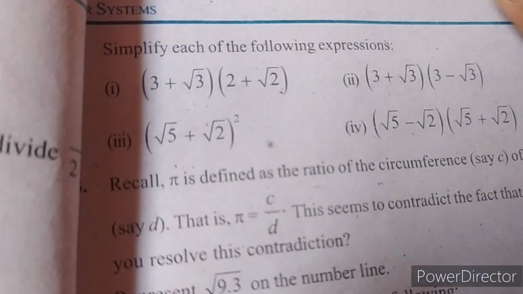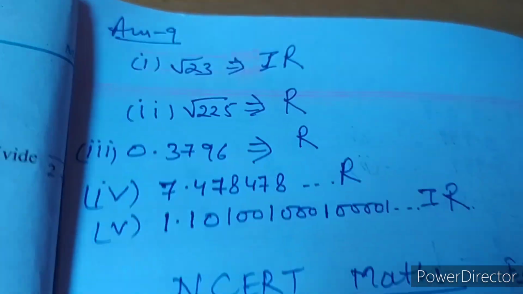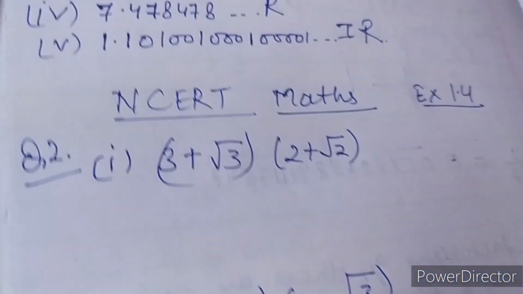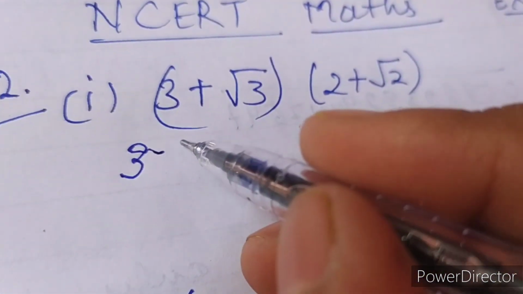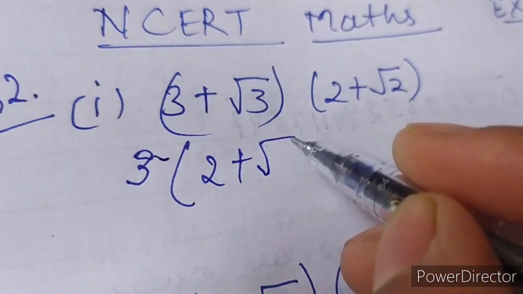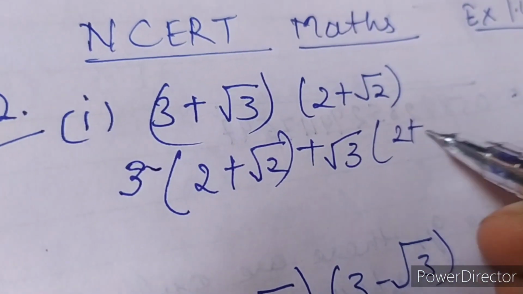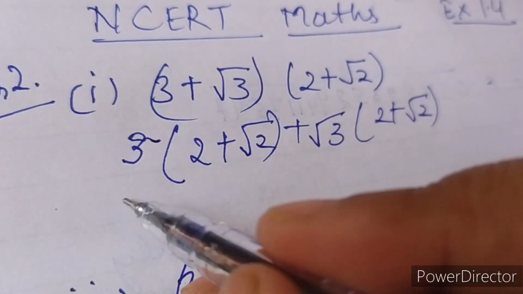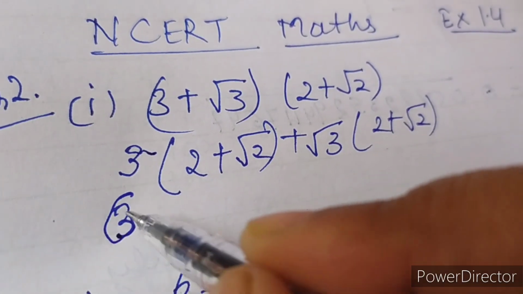For question number 2 we have to simplify each of the following expressions. So we'll solve one by one in the notebook. You can see here 3 plus under root 3, 2 plus under root 2. So we'll multiply 3 with 2 plus under root 2, and then under root 3 with 2 plus under root 2. Now you solve it, you will get 3 2s are 6.